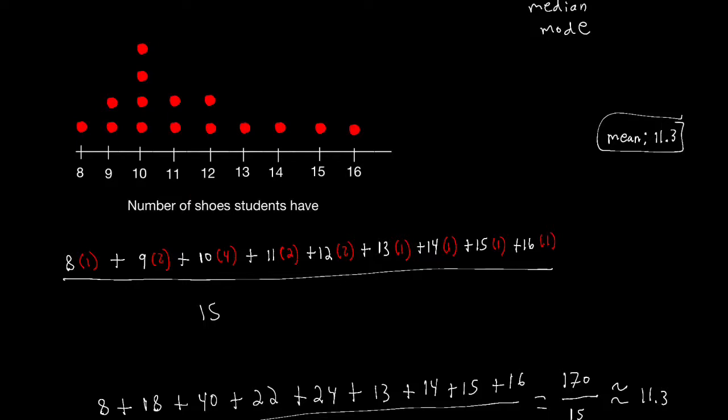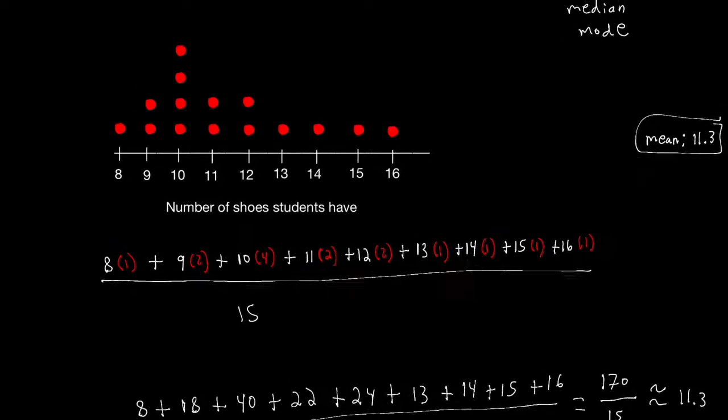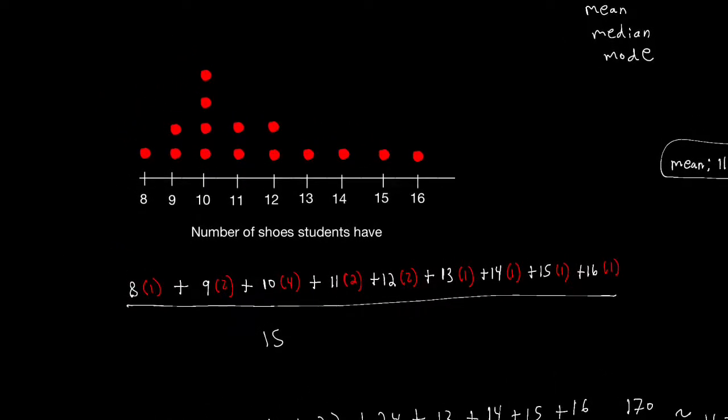For the median, there's also a nice trick I like to do. If we had a list of data, remember that we were always shaving off the edges. If I cross out one item on the left, I would have to cross out one item on the right. We're going to use the same principle with these dots right here. So let me show you. I'm going to cross out a dot on the left.